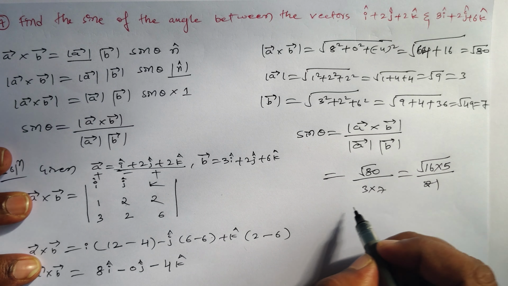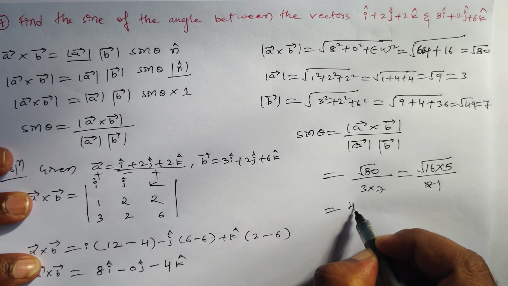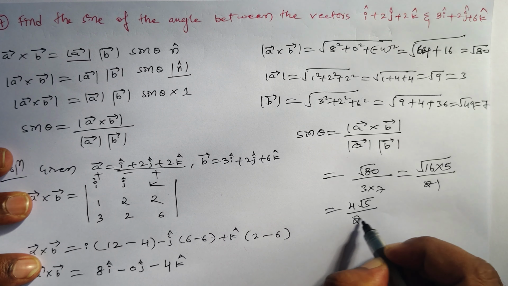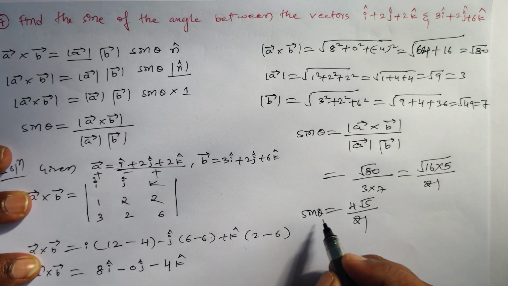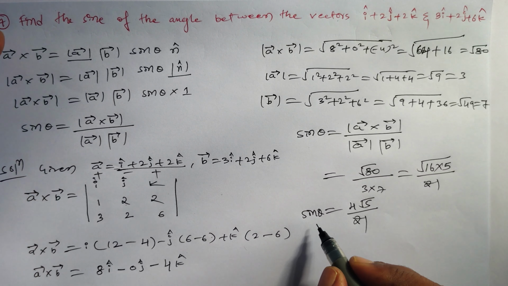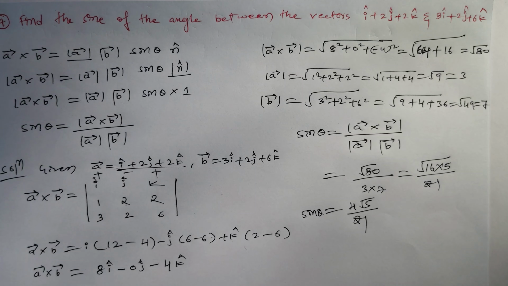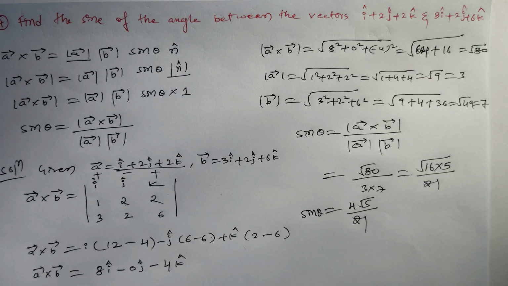So taking 16 outside, what happens: 4 into root 5 divided by 21, okay, this is the sin theta. Sin of angle means sin theta value. So sin theta is equal to 4 root 5 divided by 21.